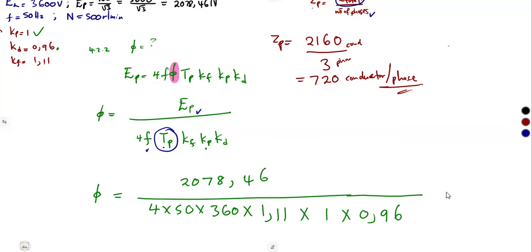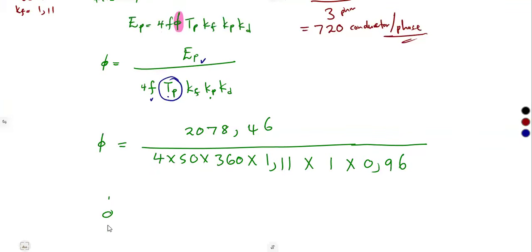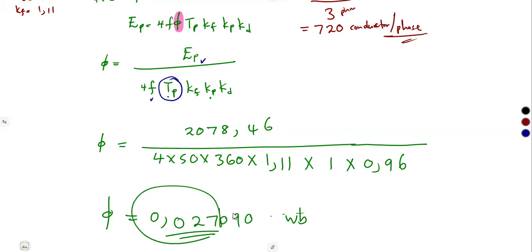So if you're not given, remember your formulas. So that was going to give us the useful flux per pole. So our useful flux per pole was going to give us 0.02709, something like that. In what? In Webers.